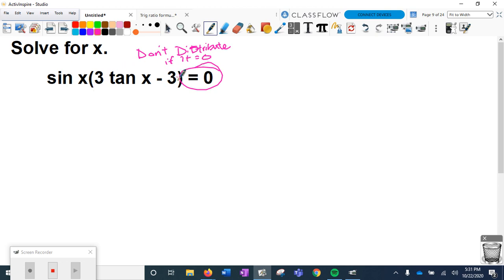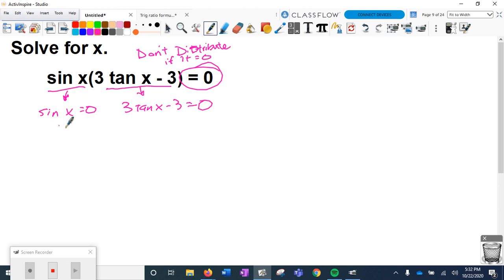We're just going to set each factor equal to 0. So sine of x equals 0, and then 3 tangent of x minus 3 equals 0. If you see a multiplication that equals 0, don't distribute. Set each piece equal to 0.